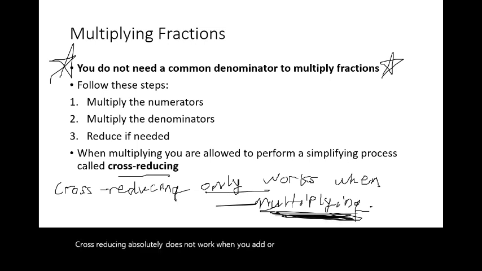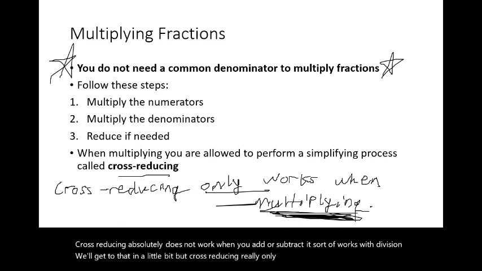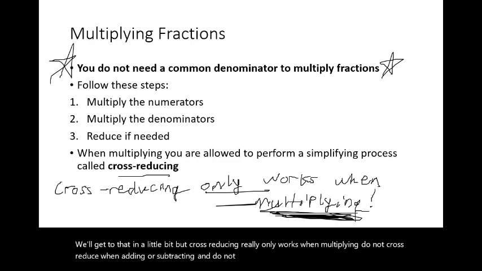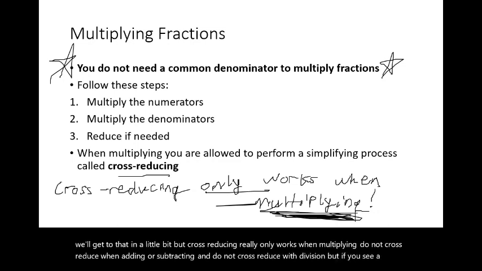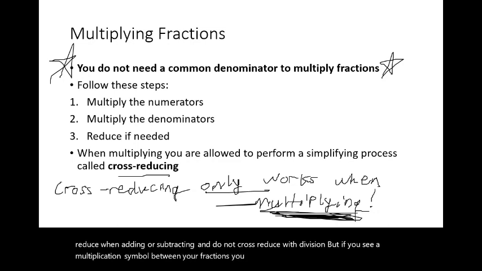It sort of works with division. We'll get to that in a little bit. But cross-reducing really only works when multiplying. Do not cross-reduce when adding or subtracting, and do not cross-reduce with division. But if you see a multiplication symbol between your fractions, you can do a process called cross-reducing.